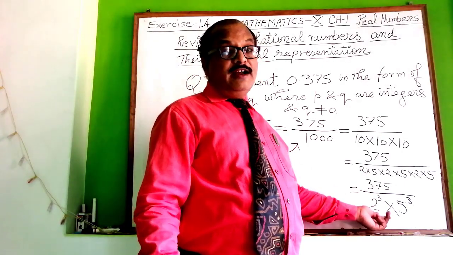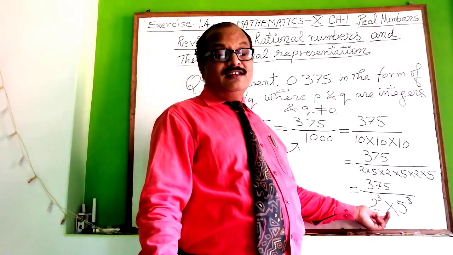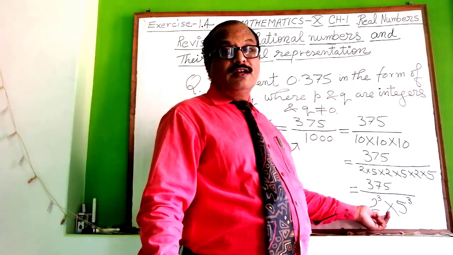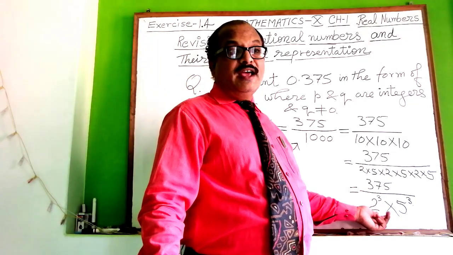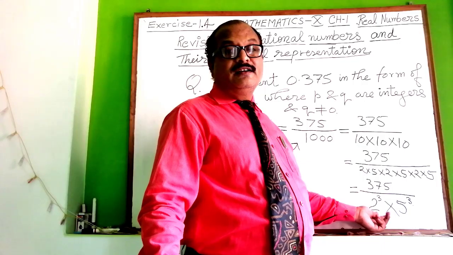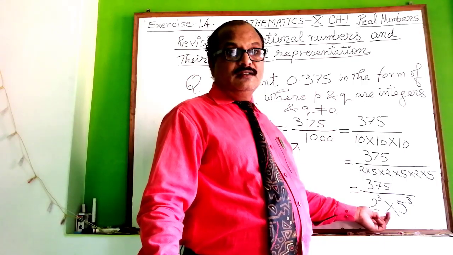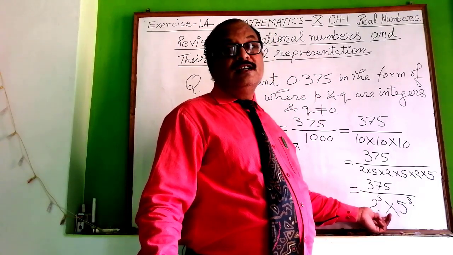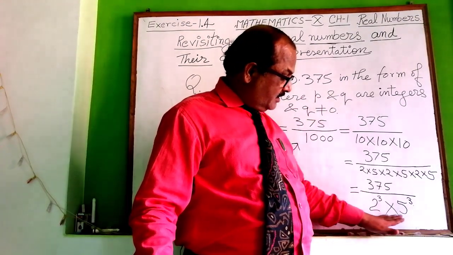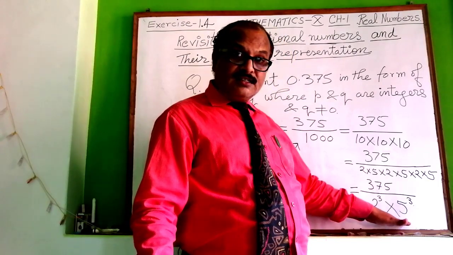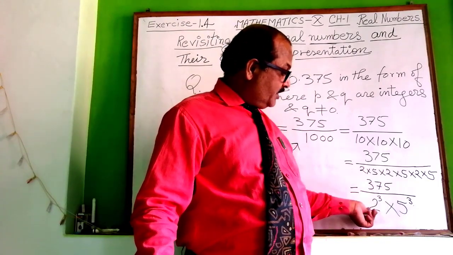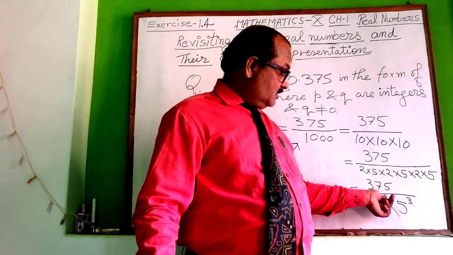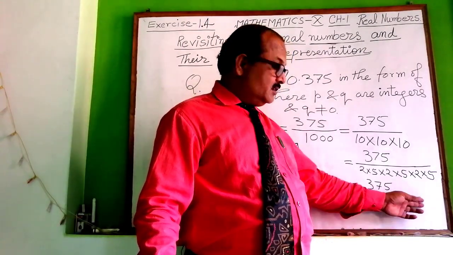First of all, you write the numerator and denominator in the form of co-prime. They should have only one as common factor, no other number as factor. After that, you will factorize the denominators as I have done here. You can see the factors of the denominator are 2 to the power 3, 5 to the power 3.